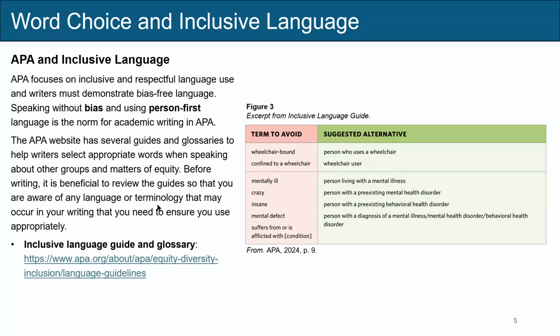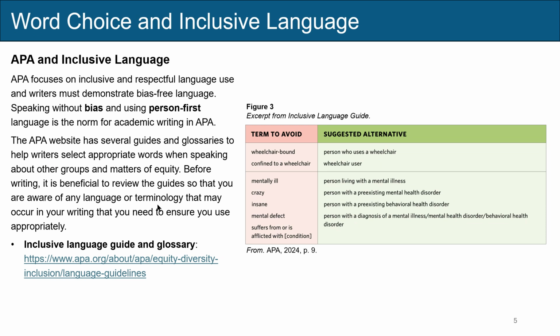Now, on top of this, we also need to be incredibly considerate about how we talk about others. And in APA, which is what we need to use for our formatting, for our citations, and for our references, there's also requirements to use inclusive and respectful language and being bias-free in your language use around others.